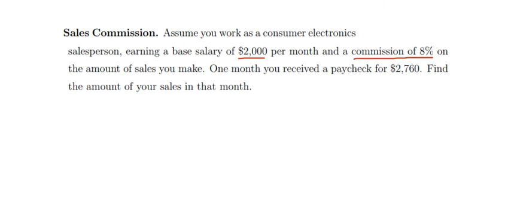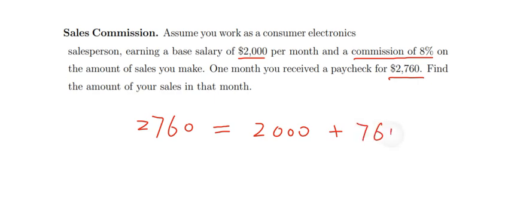So in 1 month your wage is 2760. This 2760 comes from two parts: your base salary plus your commission. So this means your commission is 760, right?